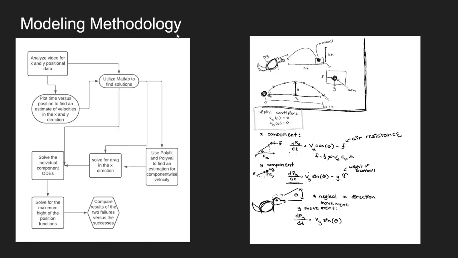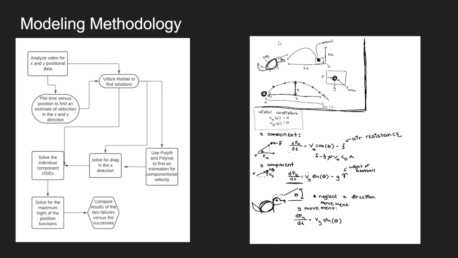Looking at this in greater detail, looking at this chart, there is an analysis on how we utilize MATLAB to find the solutions. Primarily, we used polyfit and polyval in order to find the velocity components in both the X and Y direction. This will allow us to solve for the positional ODE as seen here.